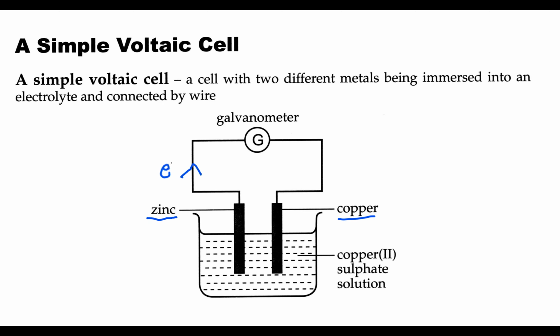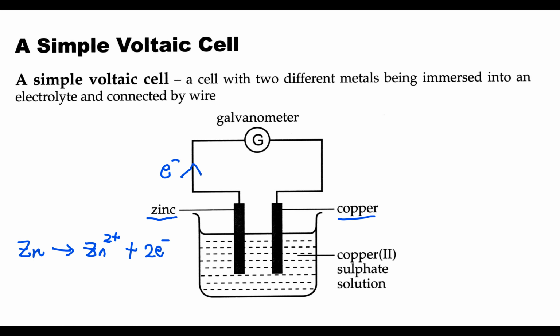As the zinc gives the electrons away, it will dissolve into the solution to become zinc ions. So when the zinc metal is completely dissolved, the battery will run out.